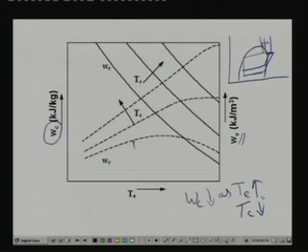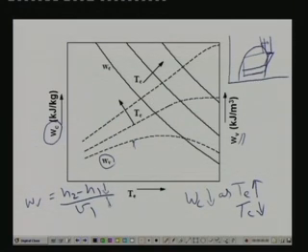Now how about the effect of this on volumic work of compression? Volumic work of compression is again defined, if you look at the earlier pH diagram, simply as H2 minus H1 divided by V1, and here you have seen that as you are increasing TE, this is reducing, and at the same time this also reduces. So both numerator as well as denominator reduces.